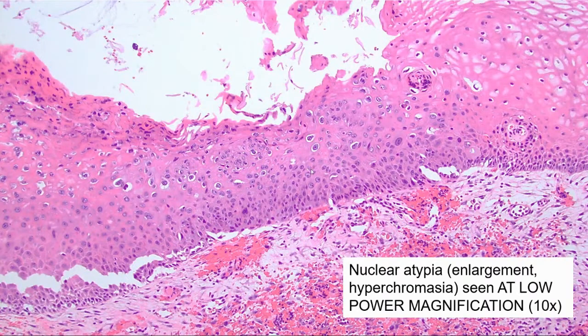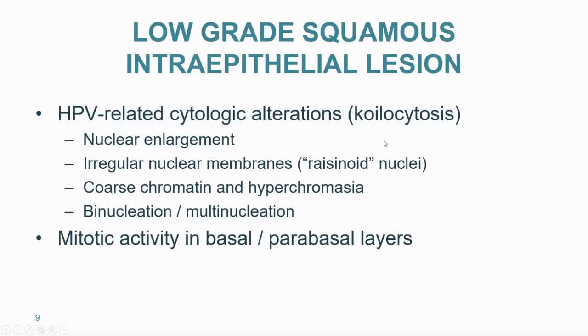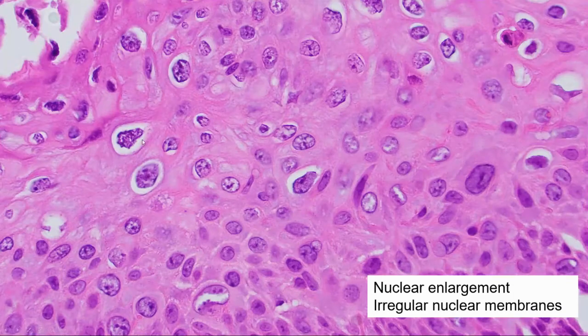And at that point, that's where you can confirm the presence of nuclear enlargement, hyperchromasia, irregularities in the nuclear membrane, which is basically within the spectrum of what we understand as koilocytic change. Those irregular nuclear membranes are usually described as raisinoid nuclei with coarse chromatin, typically hyperchromatic. Binucleation or multinucleation is usually seen, and that's something, as I said, that you confirm at high power magnification.